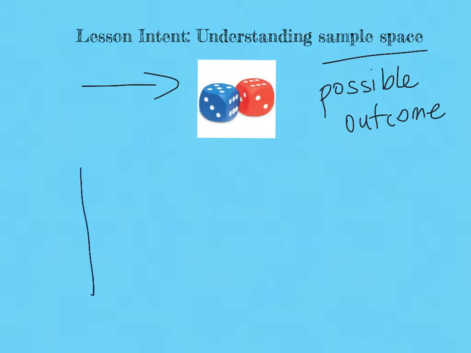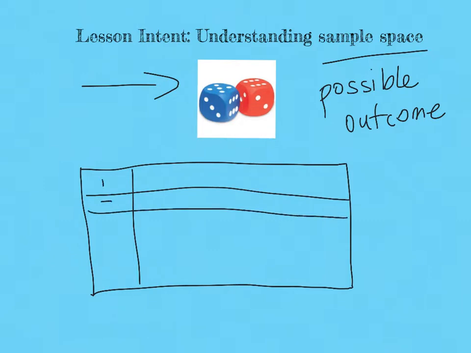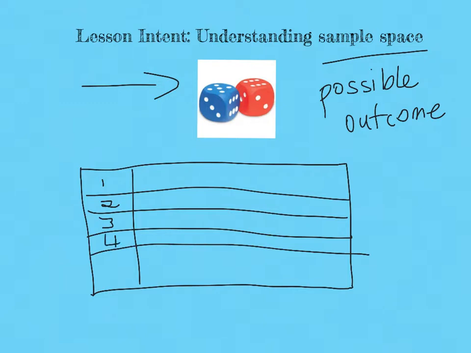In order to do this, the best way would be to do a two-way table. So here we have 1, 2, 3, 4, 5, and 6. Let's call this the blue die.